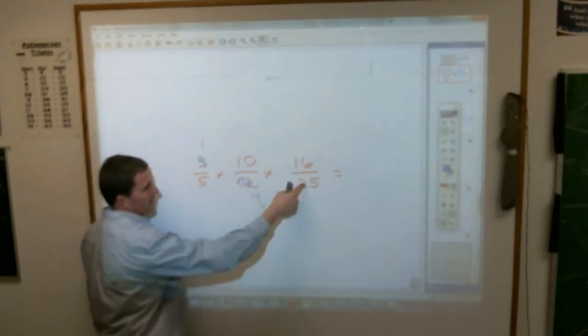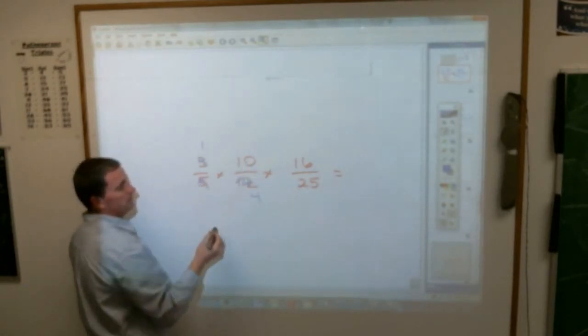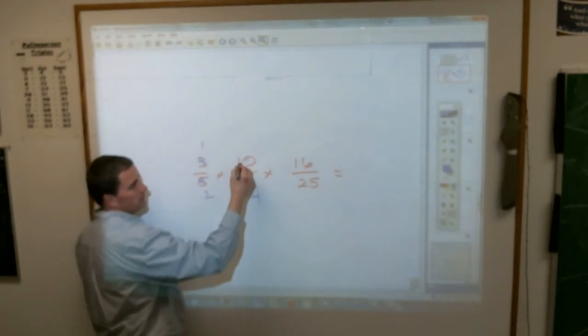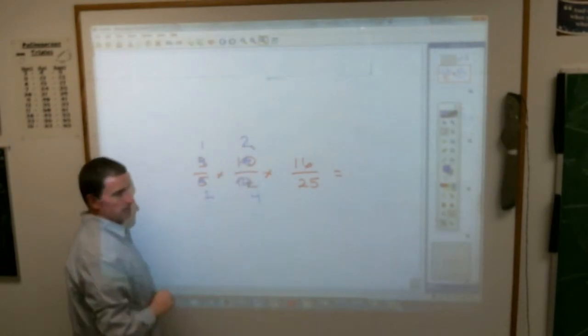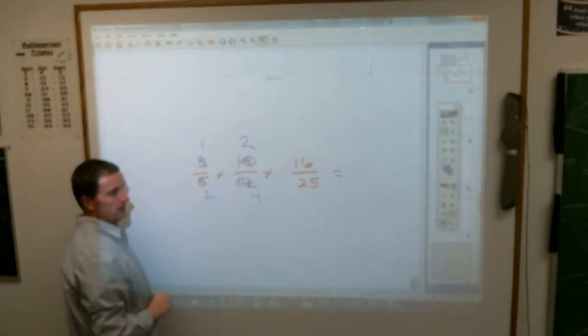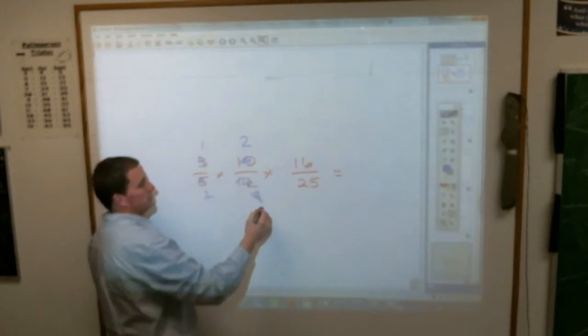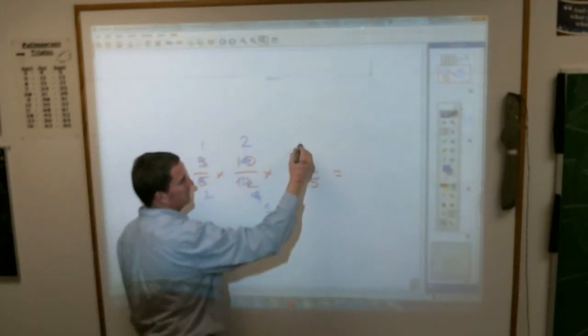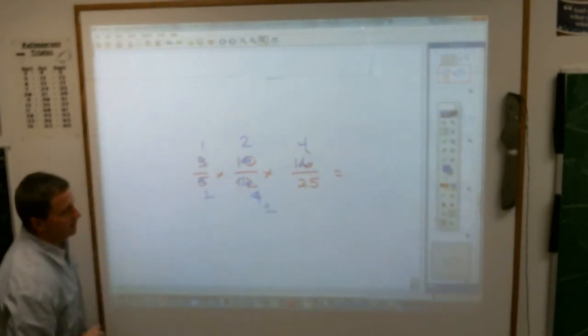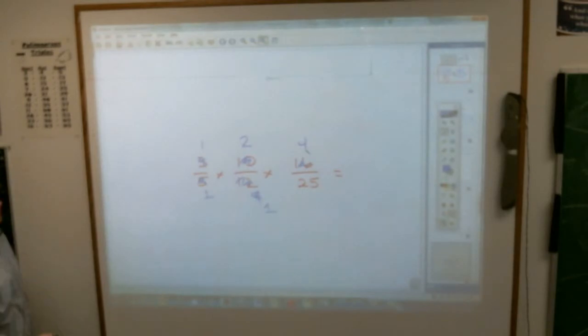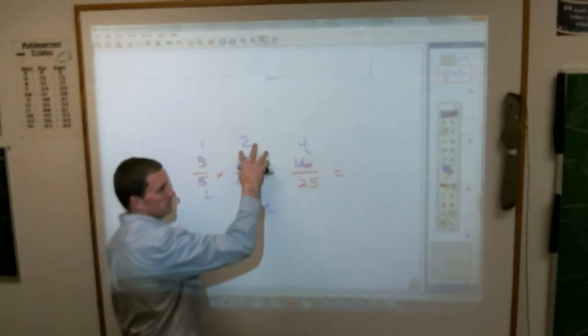You can't do bottoms with bottoms, but bottoms with top. 5 goes into 5 once, 5 goes into 10 twice. Anything else? Elijah? The 4 and the 16. 4 goes into 4 once, 4 goes into 16 4 times. Anything else? Nope. You can't do the 2 and the 4 because they're both on top.